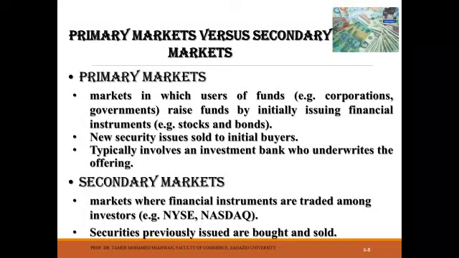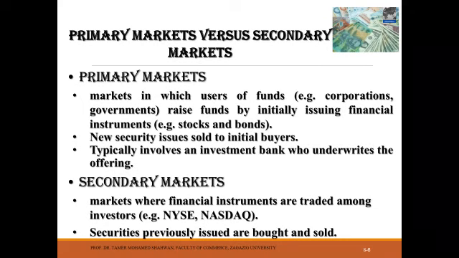So we could say the primary markets are the markets where new securities issues are sold to initial buyers. Almost we are using investment bank who underwrite the offer and provide assistance in issuing such a type of stocks or bonds for the first time.